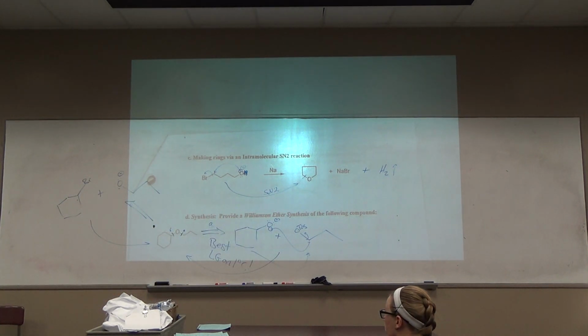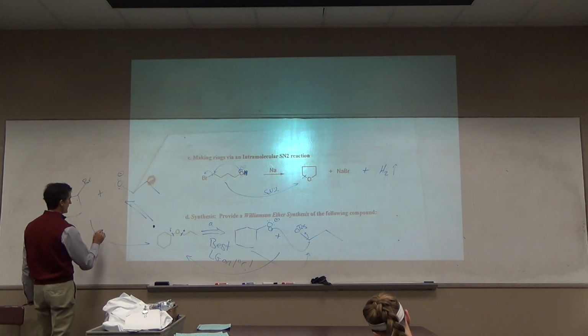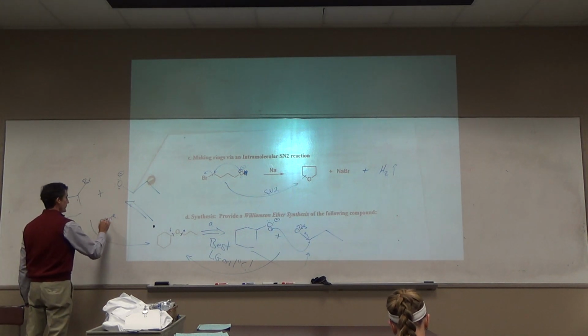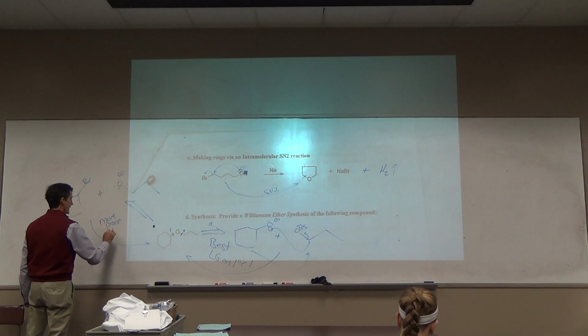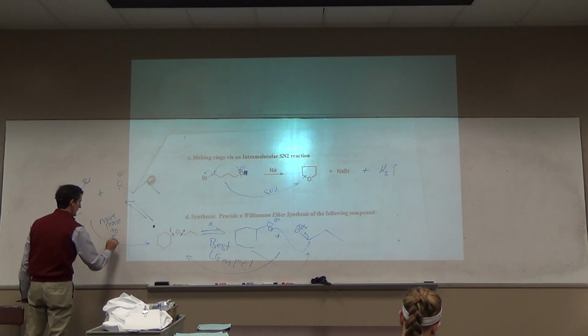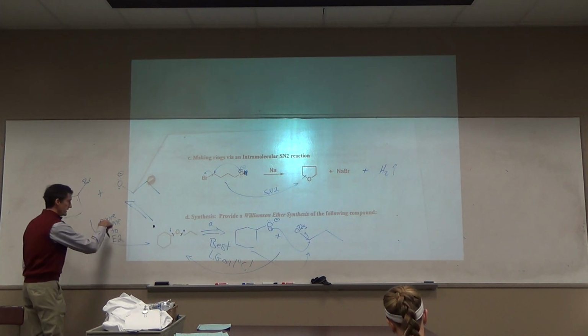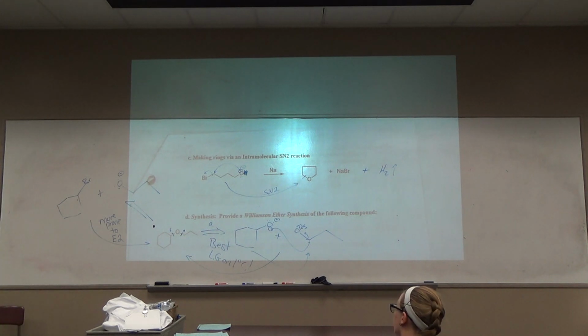Particularly once we start understanding and learning elimination reactions, which is in the blue handout. Over here is more prone to an E2 elimination. Let's put that in your notes for now.